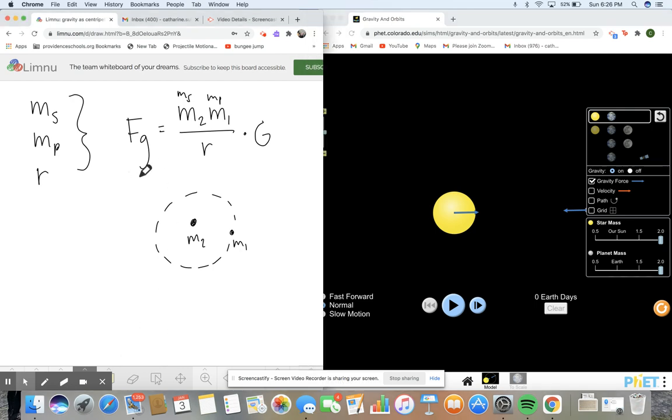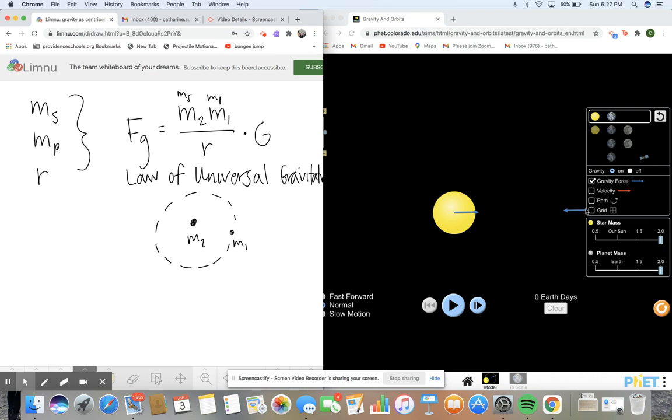So this is known as the law of universal gravitation. And it kind of rules all massive objects in the universe. So any two objects have this equation that tells us the force of gravity between them.